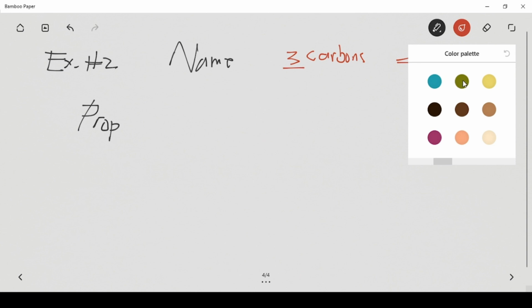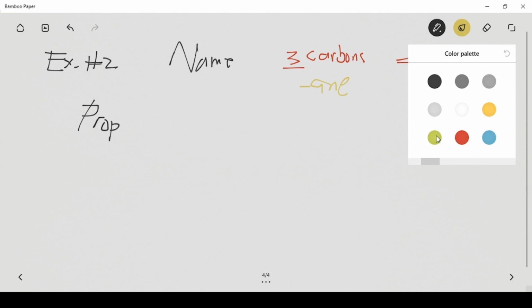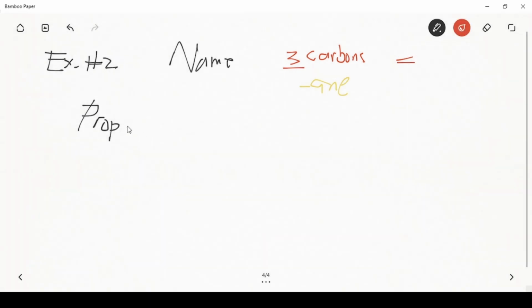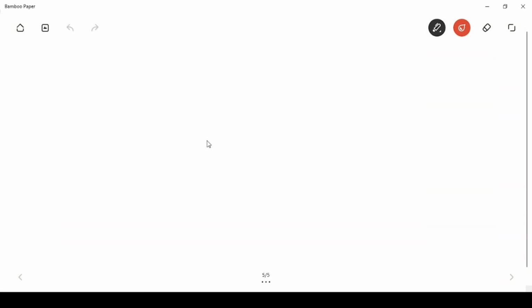Since we are talking about alkanes, the suffix of alkanes is A N E. So we are going to add the suffix ane. So this is the name of the hydrocarbon compound that contains 3 carbon atoms, okay? It's propane.